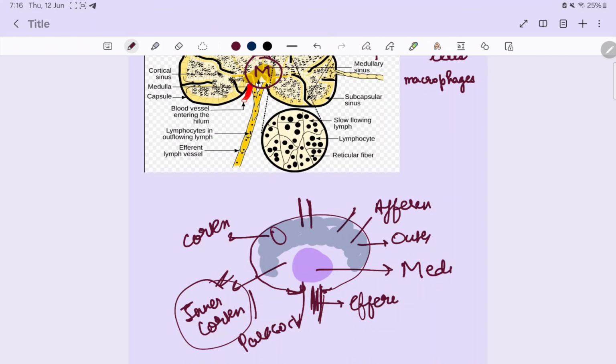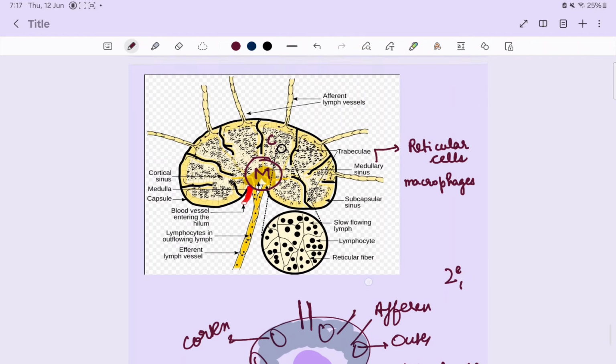The outer cortex has follicles. Follicles are of two types, primary follicles and secondary follicles. Primary follicles are dense and quiescent. Secondary follicles have pale germinal centers and are active. Now the medulla has medullary sinuses and medullary cords, and the medullary sinuses communicate with the efferent lymphatics.